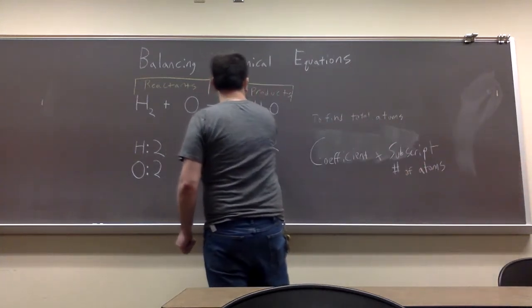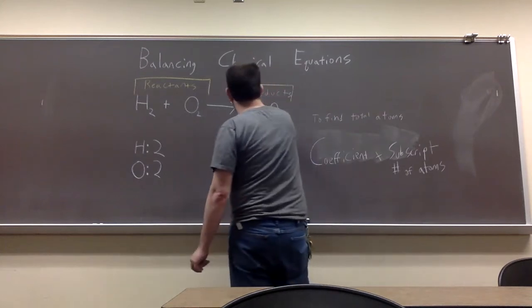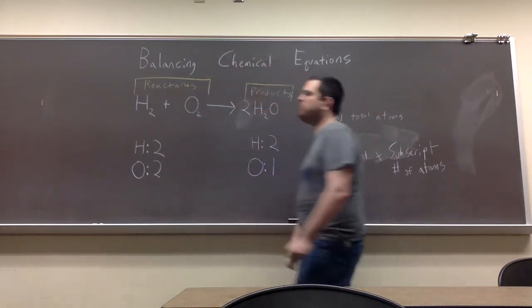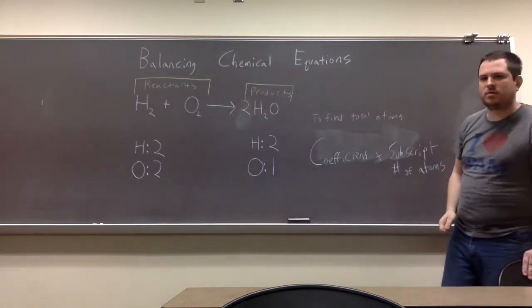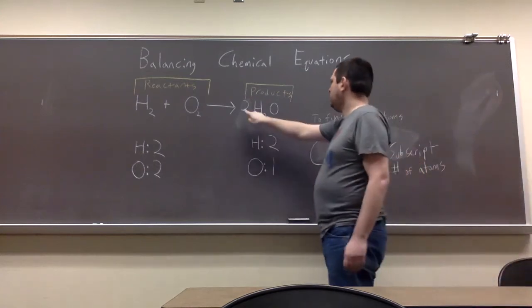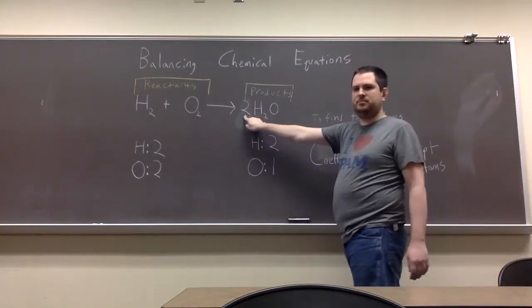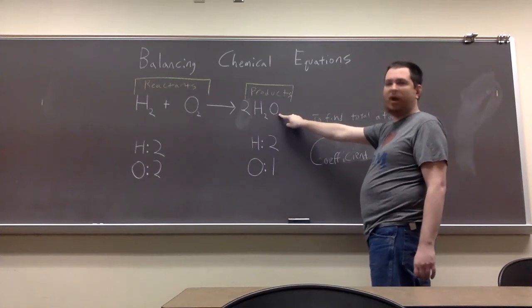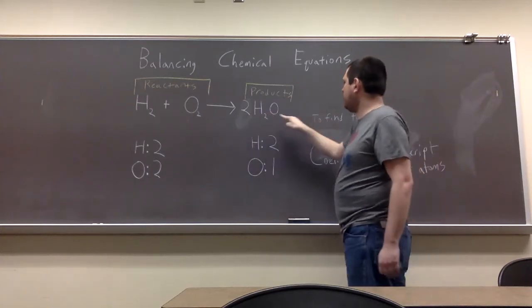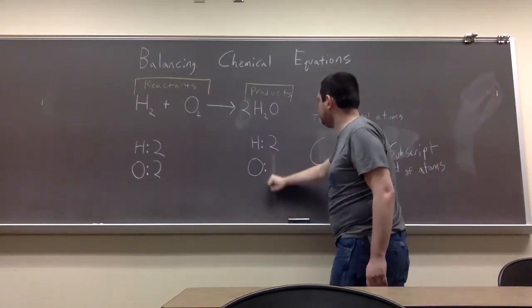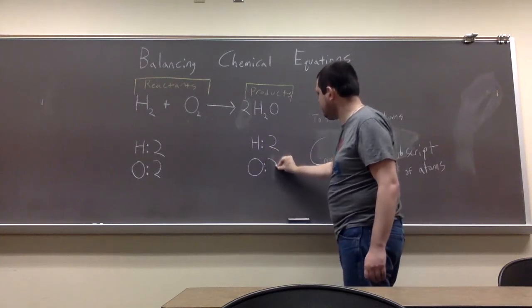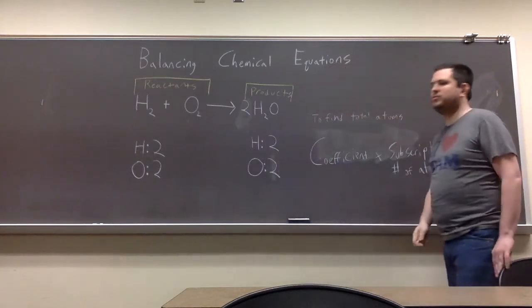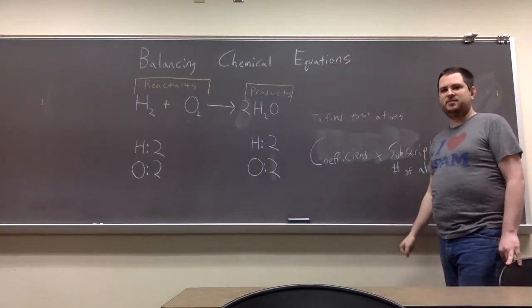What happens if we change that? What happens if we put a 2 here? Well, now you multiply your coefficient times your subscript, which was 1 for oxygen. 2 times 1 changes the total number of oxygen to 2, and we're balanced.